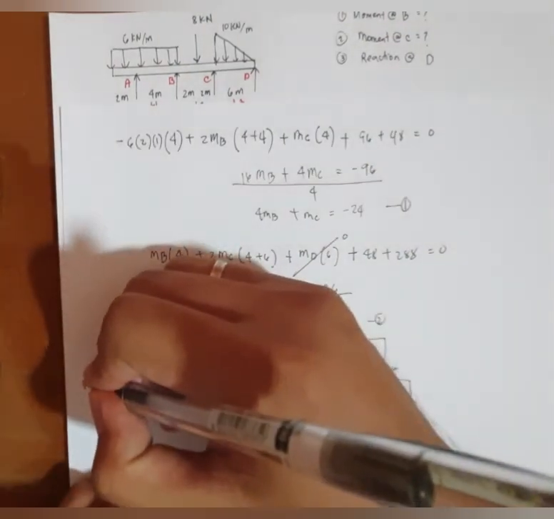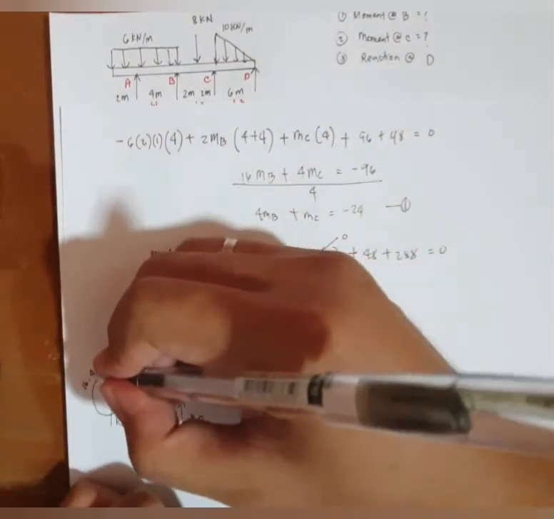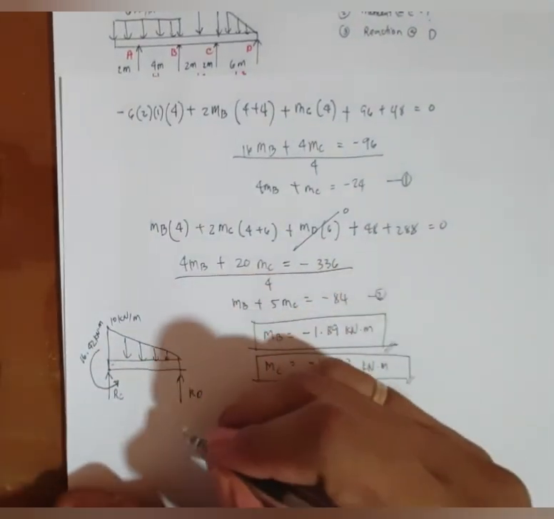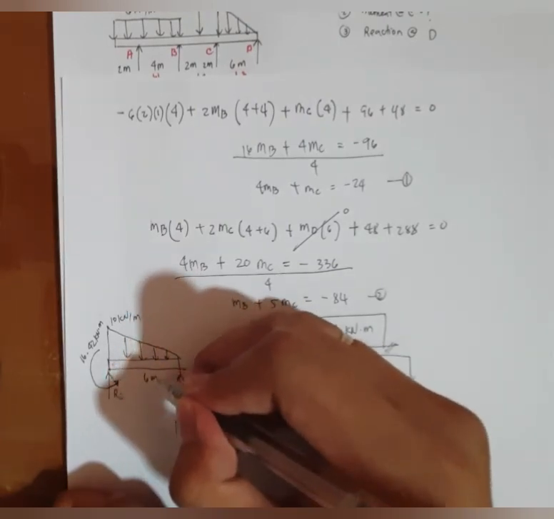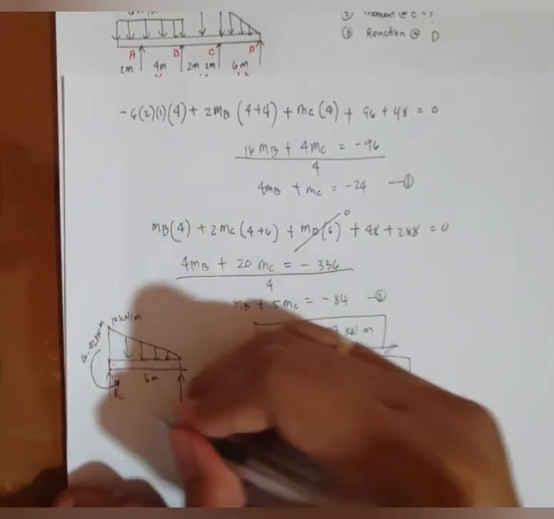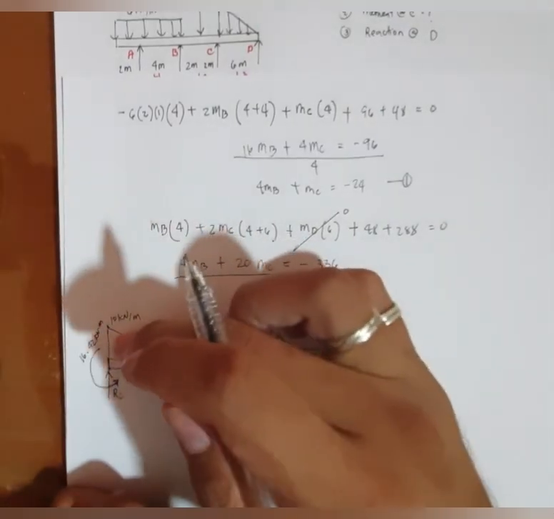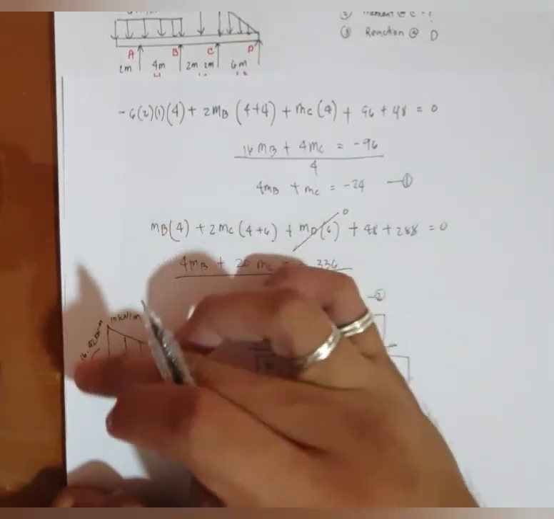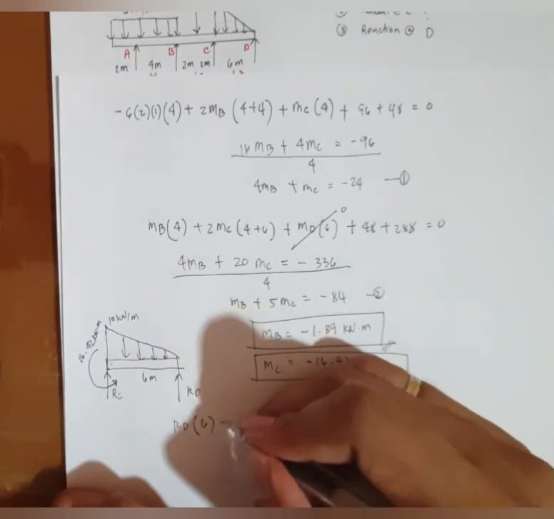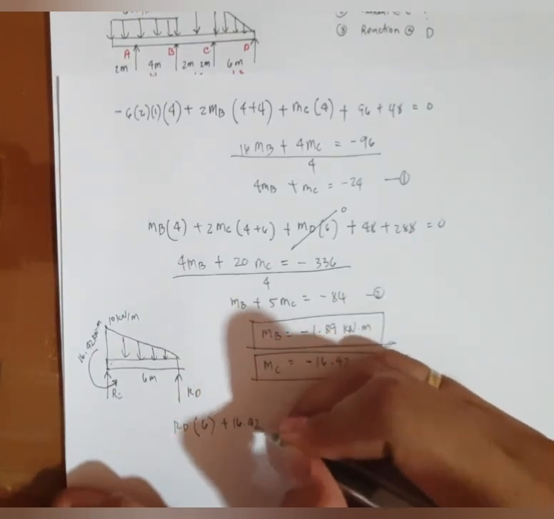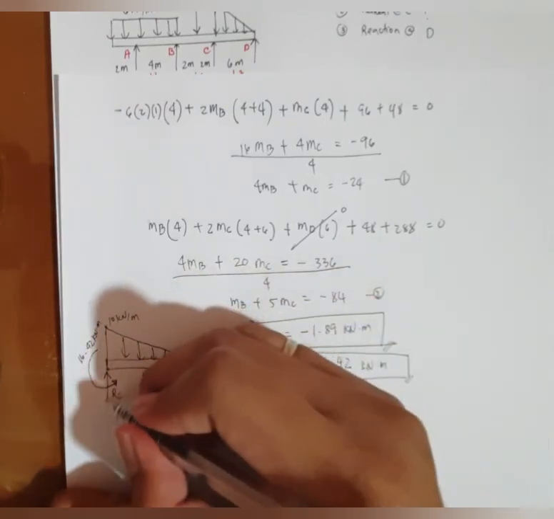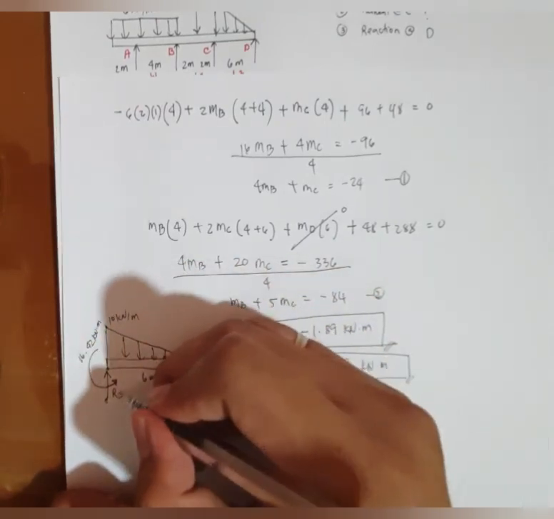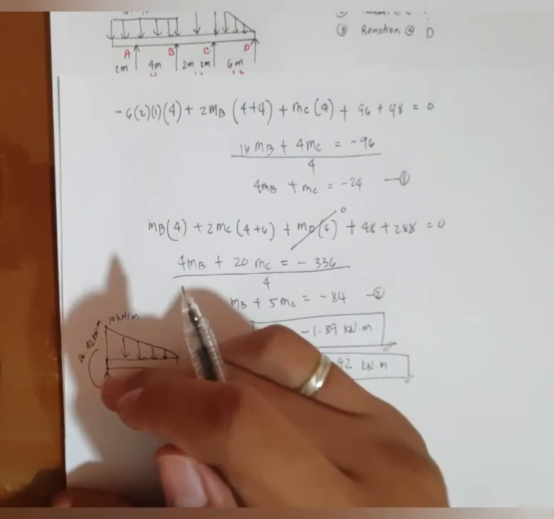That is 16.42 kilonewton meter. So reaction at D is reaction at D times 6 meter. So kung may laing kuan kani kadili ang 16.42. So plus 16.42. So muna siya ang counterclockwise equal to the clockwise. So di na nimo ma-consider si RC kay dili makana sa mapug moment.